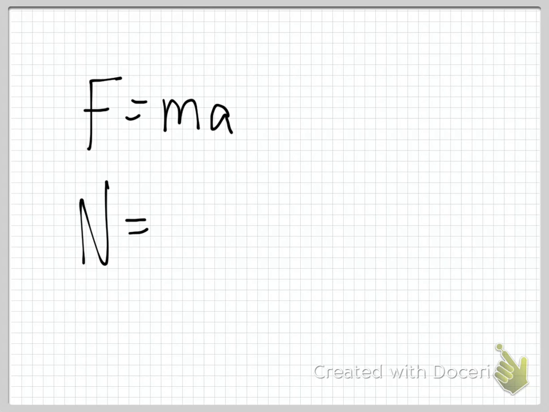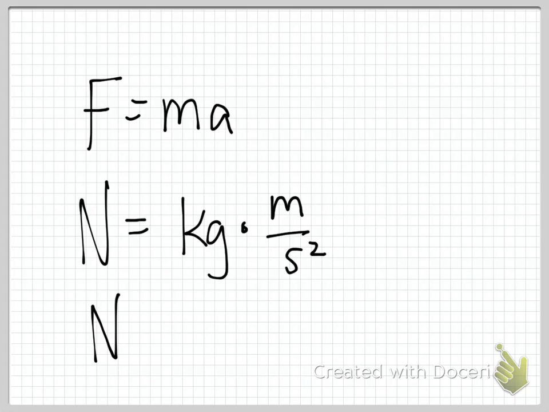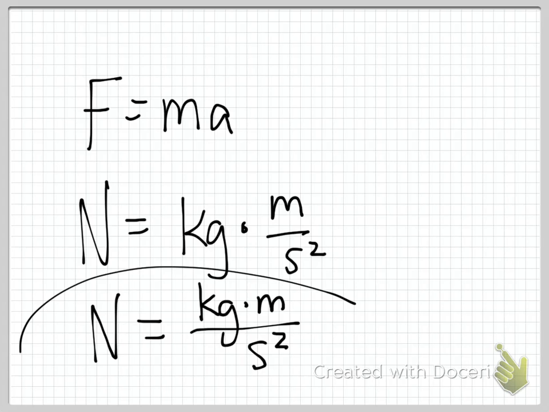Newtons equal kilograms times meters per second squared. 1 Newton is the force required to get 1 kilogram of mass accelerating at 1 meter per second squared. So that's the dimensional analysis.